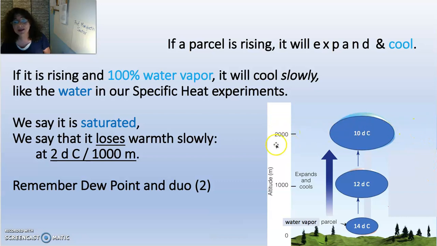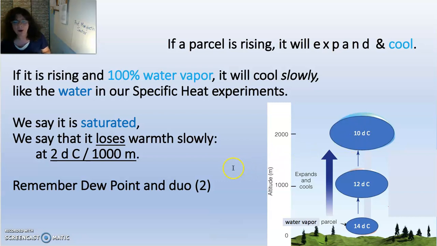At this 2,000 meter level, the parcel that has the dew point temperature is equal to the parcel that has the air temperature from the dry parcel. They meet. That is a good base altitude for a cloud to condense and start climbing from there.